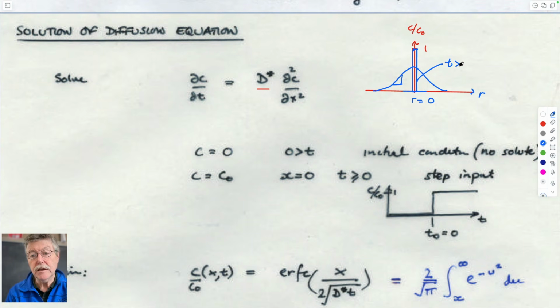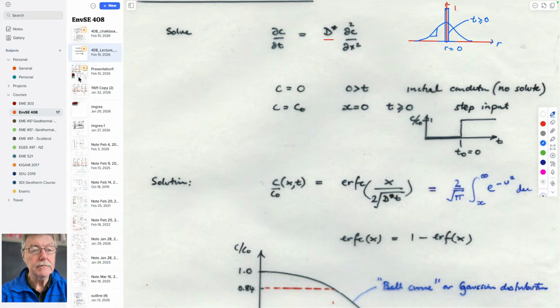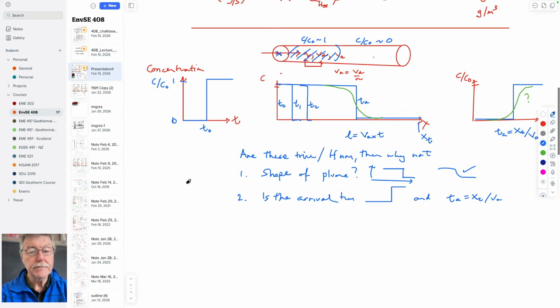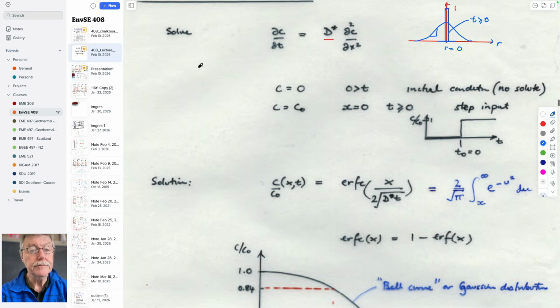T greater than or equal to 0 as it comes up. So this is the same as the step input we had before. If I jump back to this, I'll come back. This idea here, right? Initially, there's no concentration here. In time, all of a sudden, it's turned on and kept on for all time. So that's what we're doing.